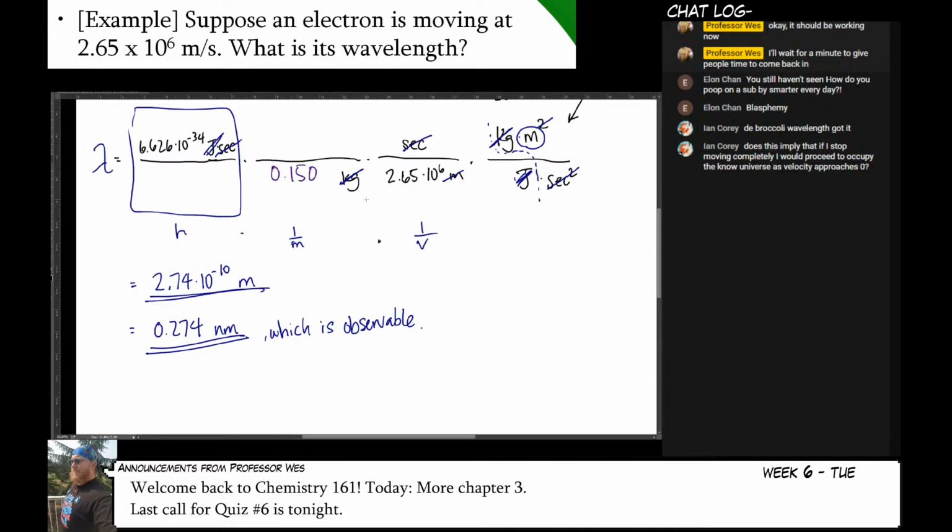All the units still cancel out. Our baseball is not going at 1% of the speed of light anymore. Now it's going 11 meters per second. And when I do this calculation, the result that I get is way, way smaller.